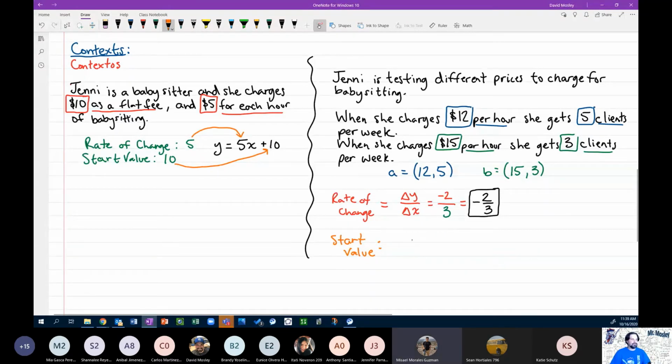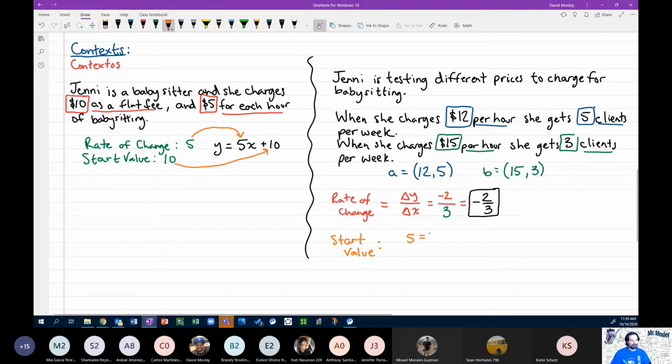Yes. So we'll use A. Okay. Usamos A, punto A, 12, 5. En la regla, el valor 5, replace Y, 5, igual.